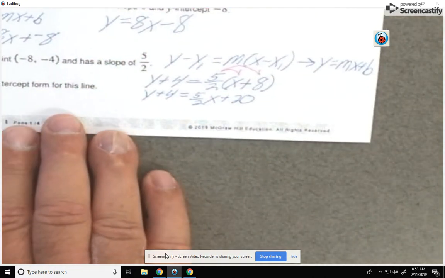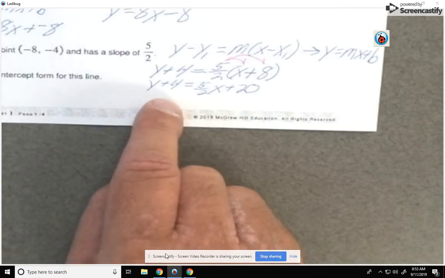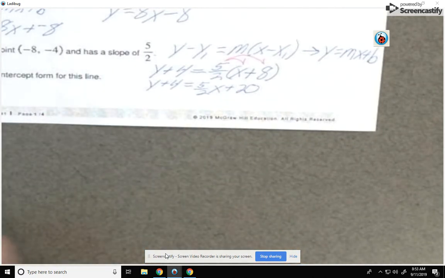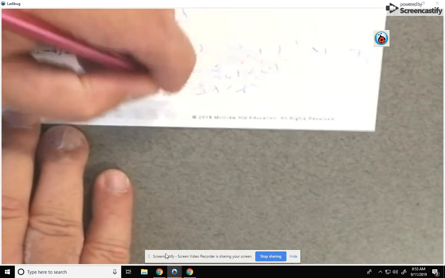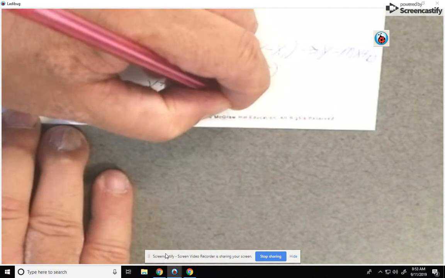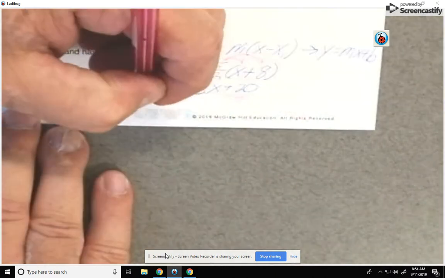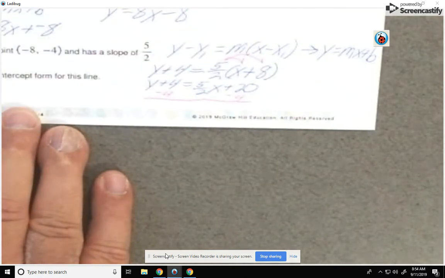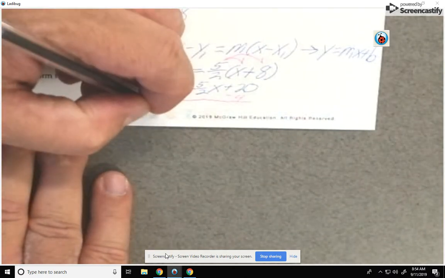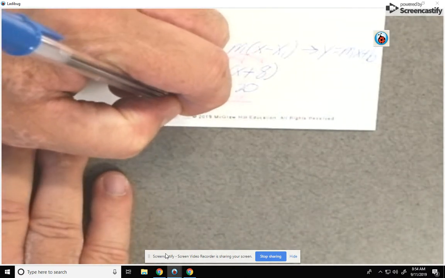Then finally, our second step would be to move whatever is beside our y, using either plus or minus. In this case, it's a plus 4, so we know we would subtract 4, and we're going to subtract it from the 20. So now if we do this, on our left side, we're left with just our y.